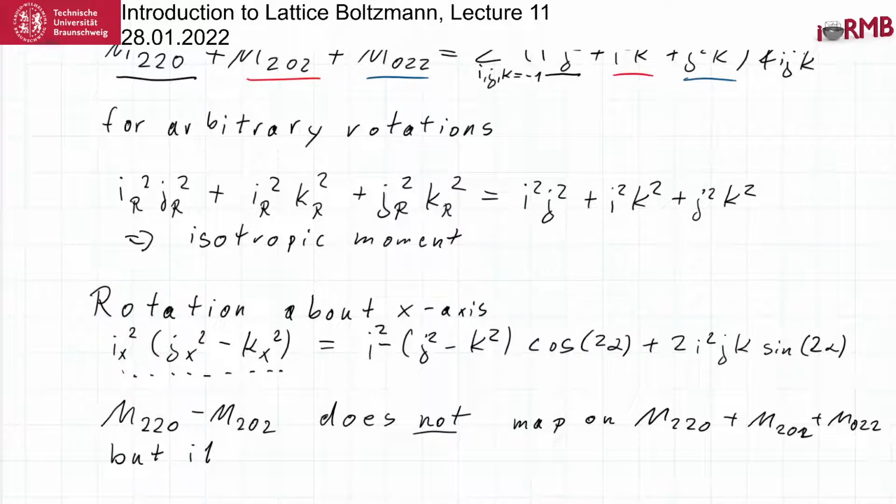However, it maps on m211. How do we see that it maps on to m211? Well, we see that there is a specific alpha for which we get here j square, I square, j and k, which corresponds to the moment m200, and for which this cosine 2 alpha would disappear.